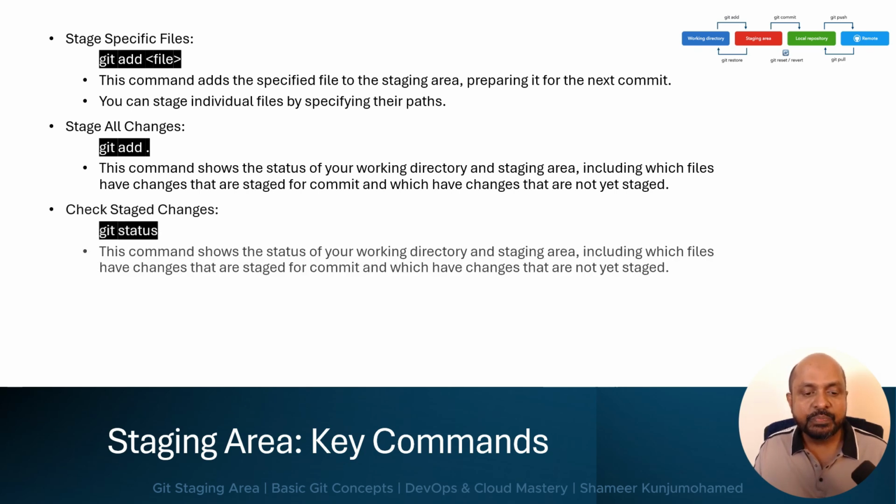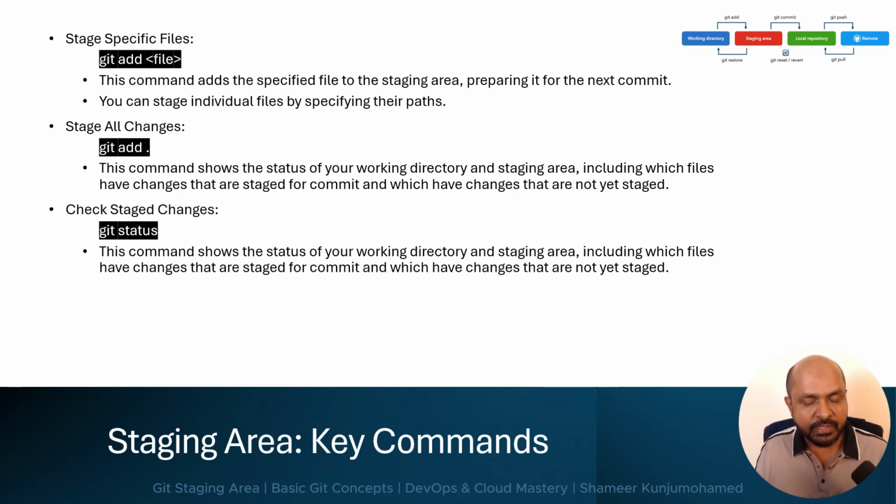Okay, now often you need to check what are the staged files and what are the unstaged files. So the git status command will allow you to have a clear overview of the current state of your working directory and the staging area.